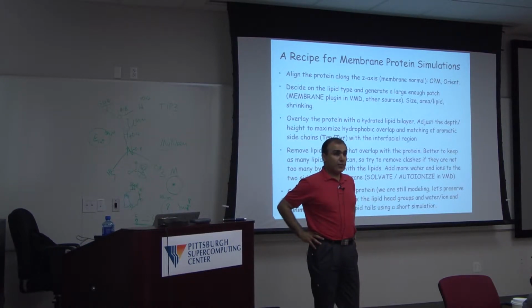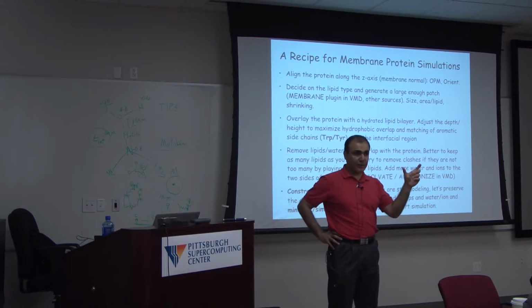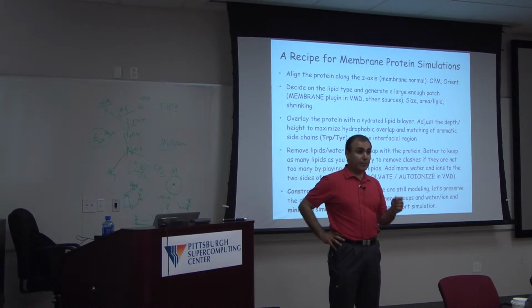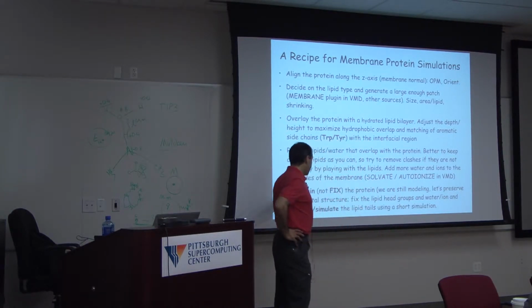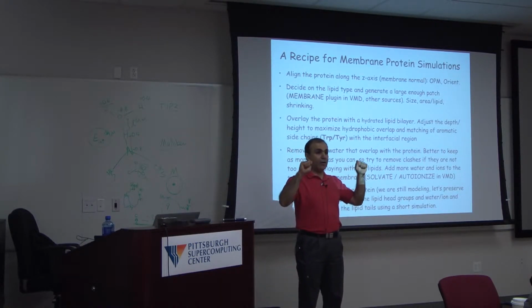Distance. In terms of how you do it, you are going to apply a harmonic potential for that distance. Now, you want to call it constraint or restraint, doesn't matter. They are the same. So the contrast is between constraining and fixing something. Fixing means it doesn't change at all.